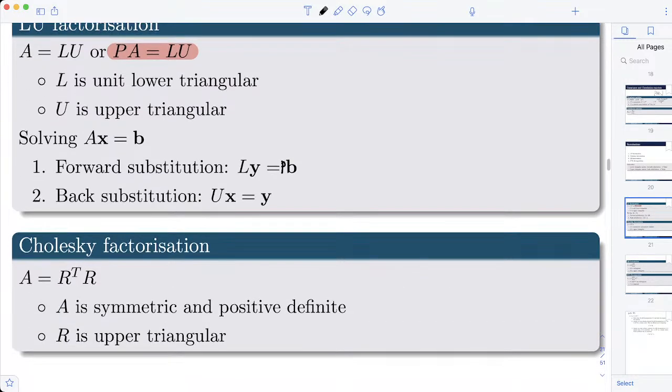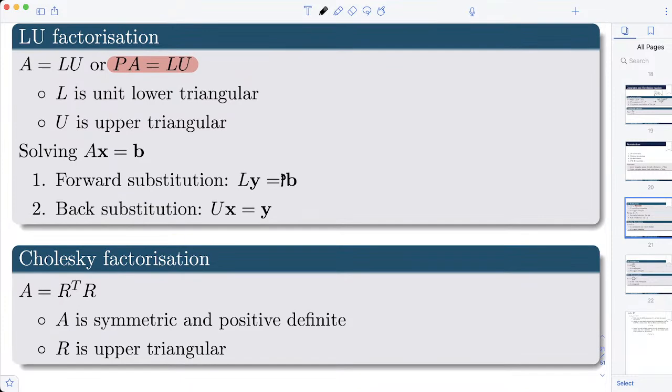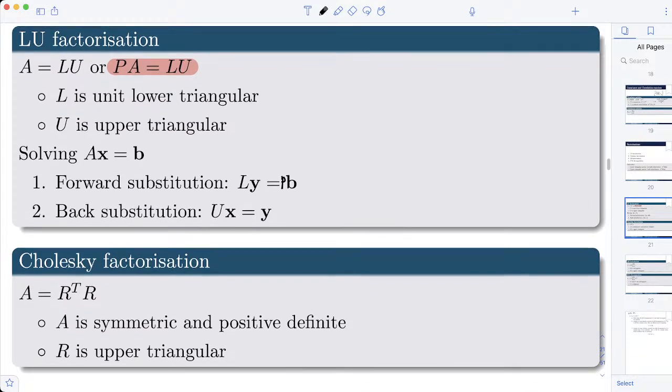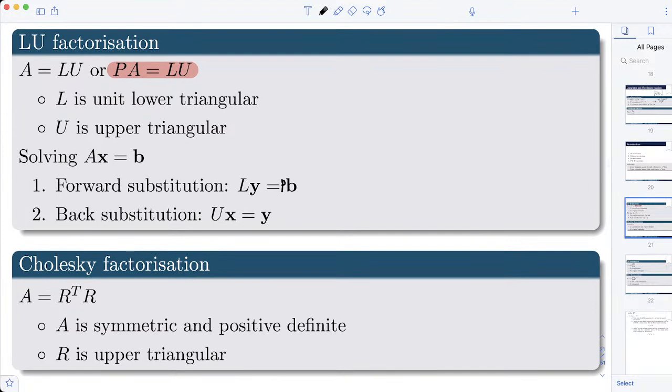Let's then move on to Cholesky factorization. Cholesky factorization is the one that we use for symmetric and positive definite matrices. So if there's a symmetric and positive definite matrix, we're using Cholesky factorization. The key thing is we're decomposing it into an upper triangular matrix.